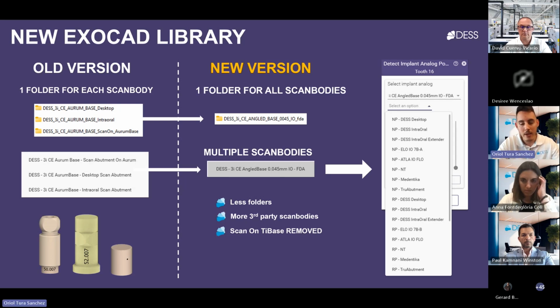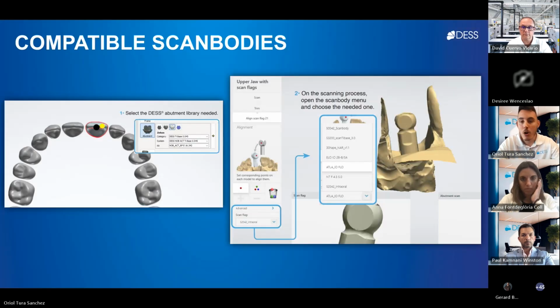On the other hand, in 3Shape, it's more or less the same. We have to set up the case as always, first selecting the DESS product that you want to use. Secondly, the compatibility plus the product, and therefore the exact platform, engaging or non-engaging versions, and you can check whether you selected the correct reference.